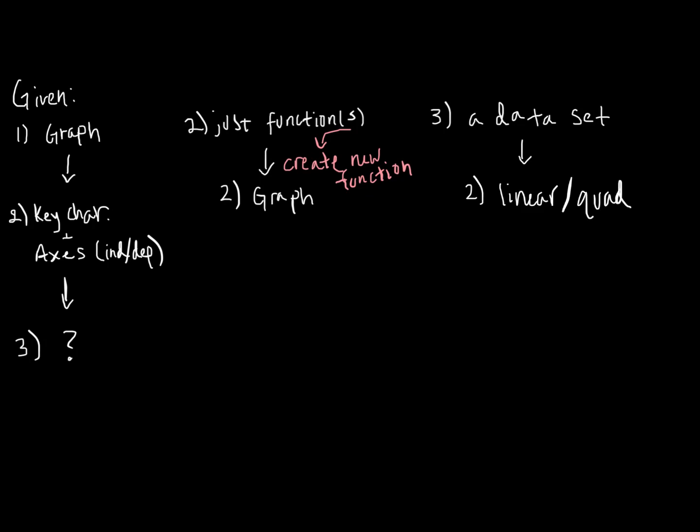And then once we've decided which one, we need to fit the function. We can do this using our calculator, fit the function using the calculator. And once we have fit the function, that means we now have the function, right? Then we can go back and create a graph, label the key characteristics, and answer the questions.